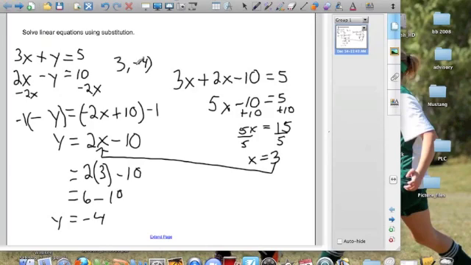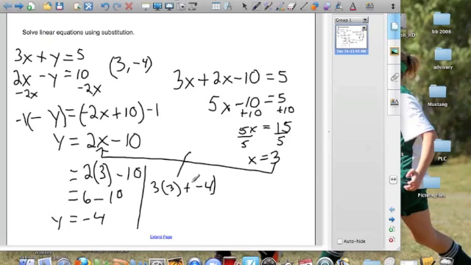Now, just like you did with graphing, we can check to see if this is correct. So let's substitute it back in. Let's take (3, -4) and substitute it back in to the first equation. So let's go 3 times 3, plus a negative 4.